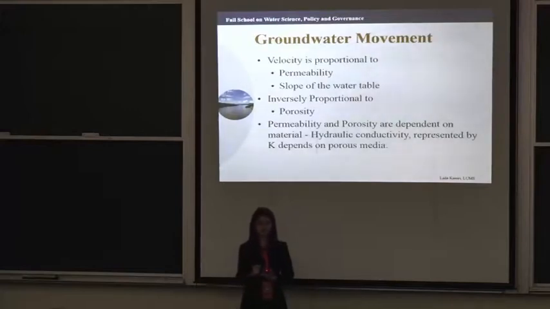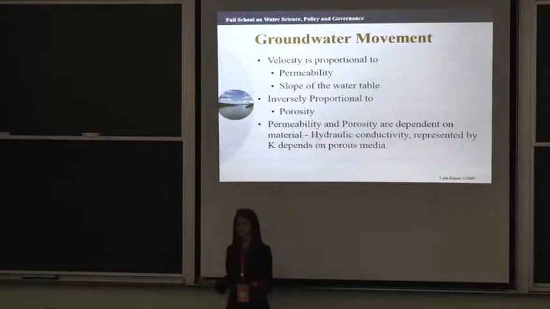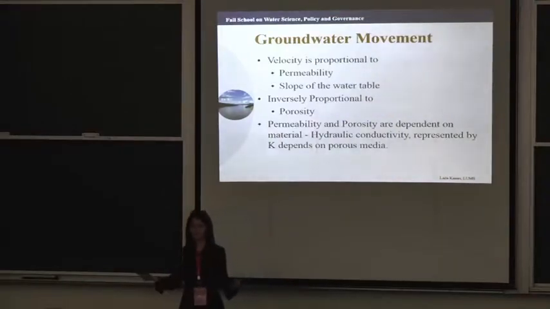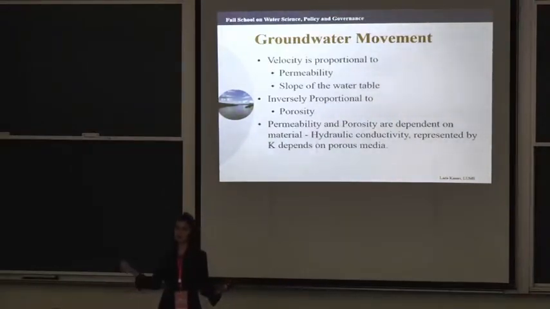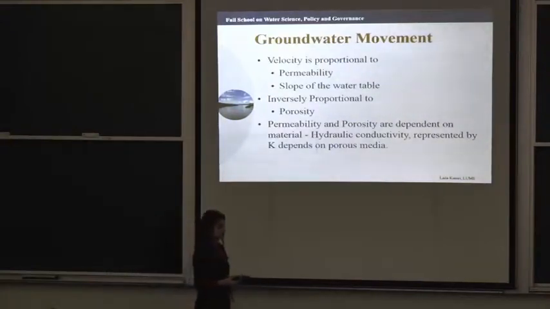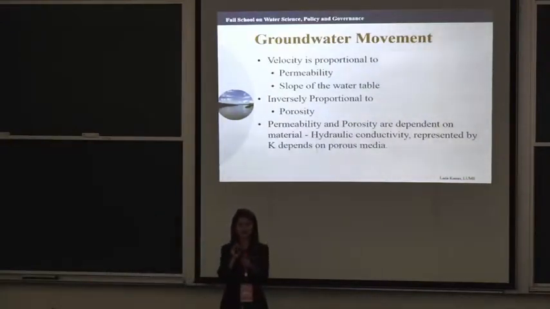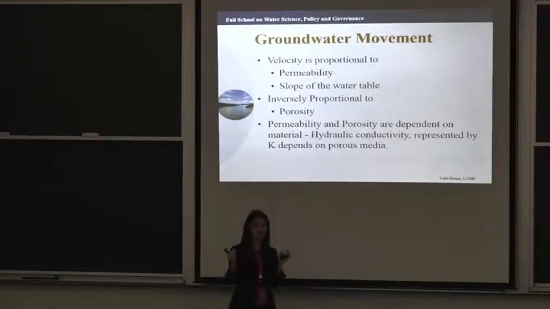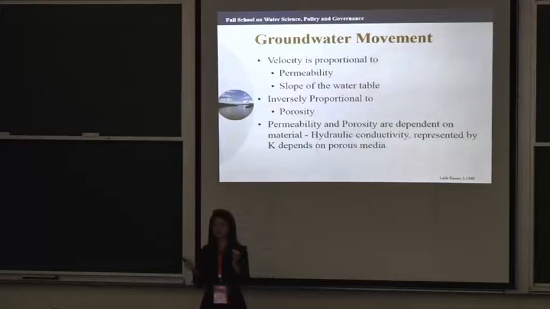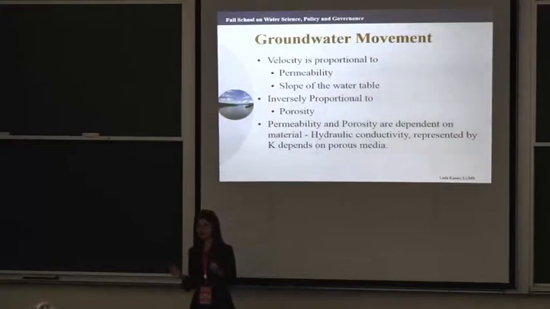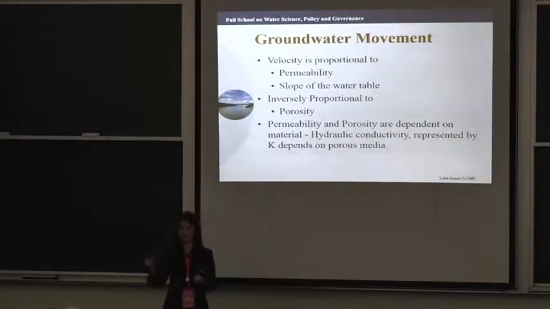So permeability and porosity are both dependent on the kind of material you have. You can have sand, sandstone, rocks, granite, and together you can clump all of these characteristics into a term called hydraulic conductivity. Hydrogeologists and hydrologists use the term K for it.